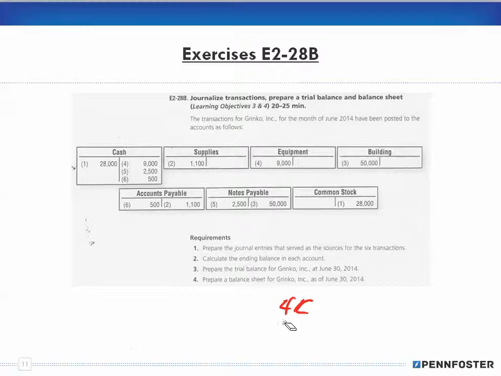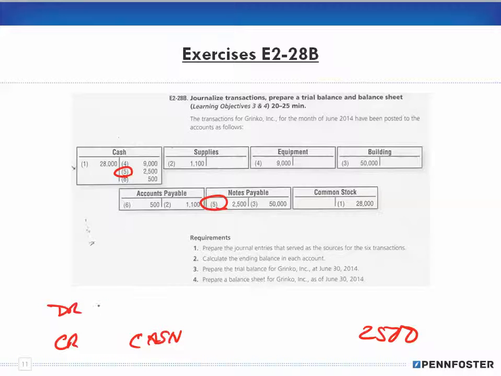Number 5, I have a credit to cash again for 2,500. And what am I buying here? I have a notes payable, so I have a debit to notes payable for 2,500, which means I'm paying down on my notes payable.